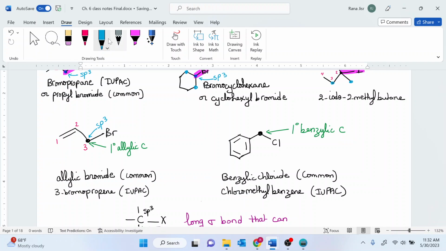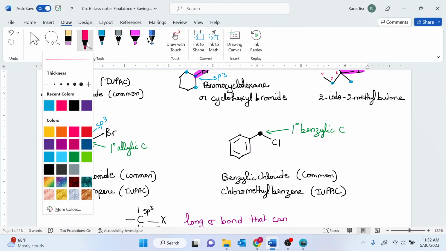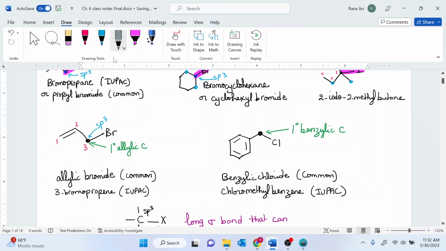Also, if there are any hydrogens in there, here in this case, I have a hydrogen here and I have a hydrogen here. So we're going to call these two hydrogens also allylic hydrogens. Anything that is present on the allylic carbon is called allylic, whether it is a hydrogen or a bromine. It is an sp3 hybrid carbon.